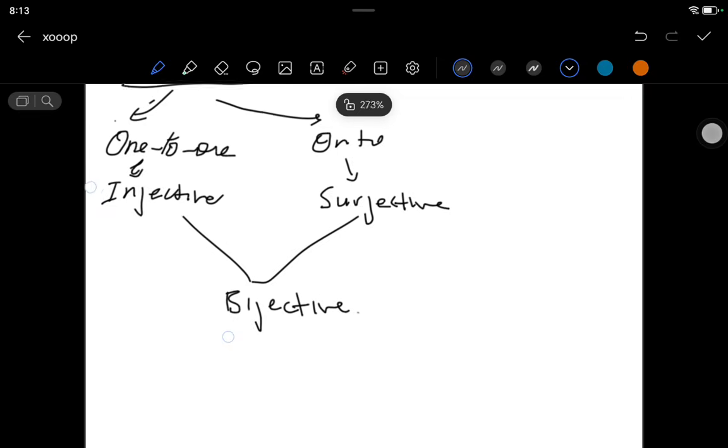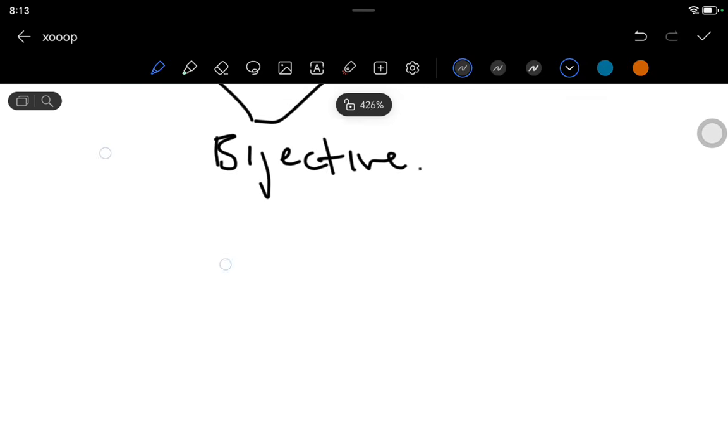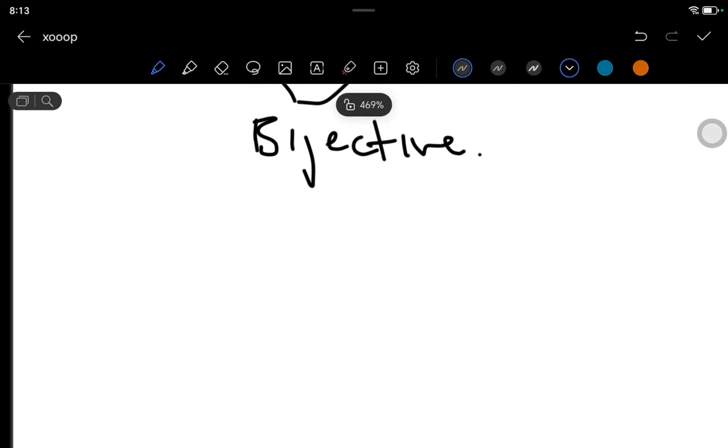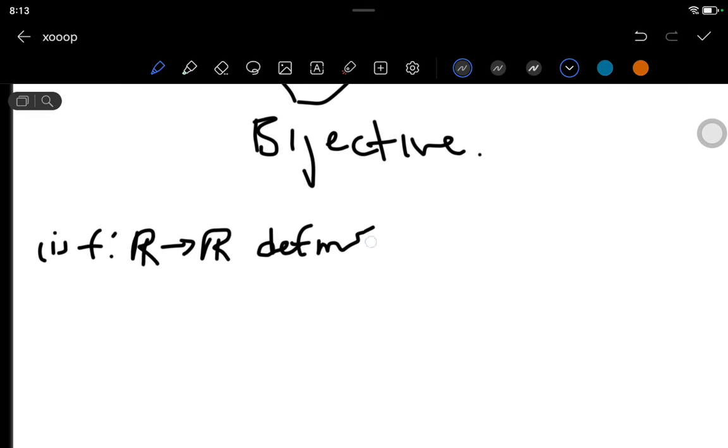Now let's look at the question here, in tutorial 3.6.1. They say f from R to R defined by f of x equals minus 3x plus 2. And the question says we must check whether the following functions are onto or 1-to-1.